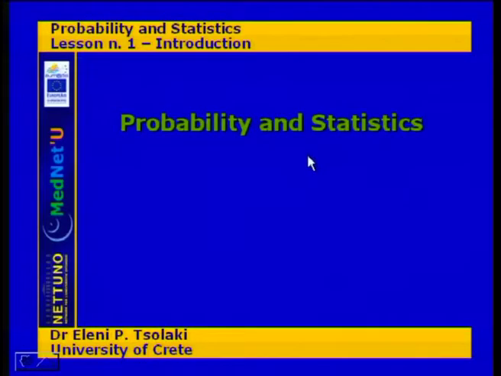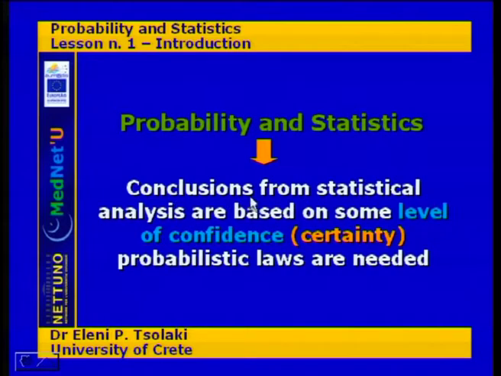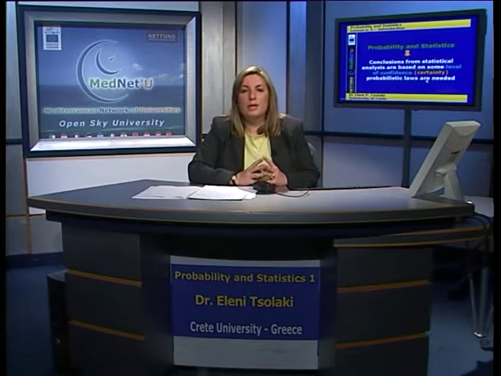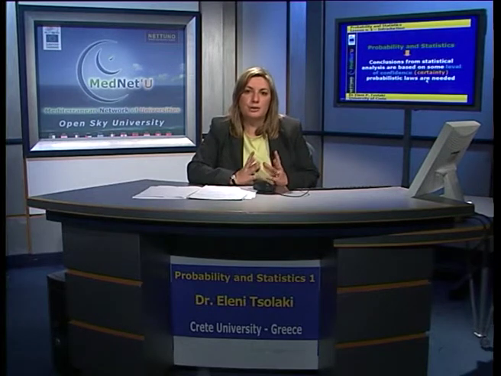How probability and statistics are related. Conclusions from statistical analysis are based on some level of confidence, certainty, and probabilistic laws are needed. As we said, we are going to study these two subjects together, probability and statistics.